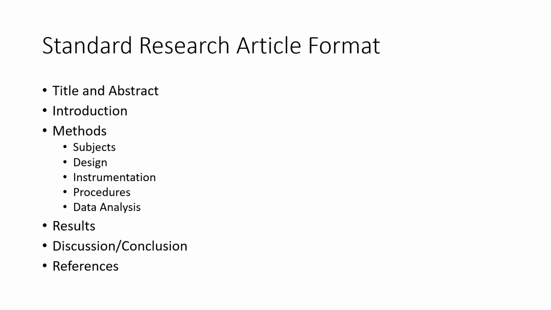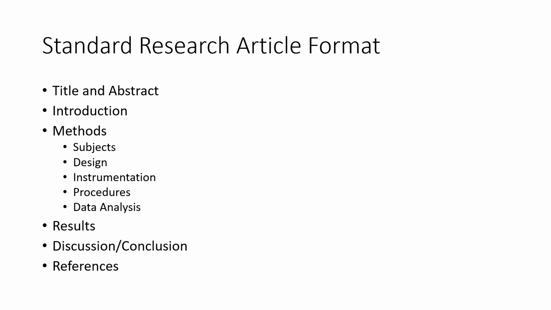The standard research article has a set format with certain components, and that helps orient you to where things are in the article. The first thing is the title and the abstract, which gives you a summary of what the article was about, then the introduction, and the methods, which can be broken down into subparts such as the subjects, the study design, any instrumentation that was used, procedures, and data analysis.